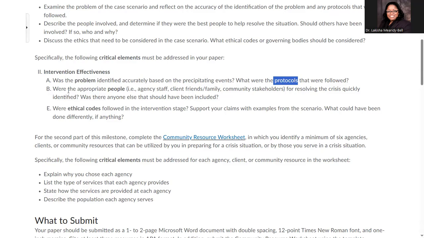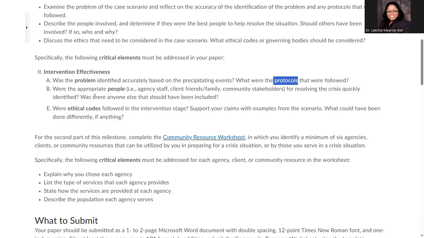Secondly, letter B, were the appropriate people, agency staff, client, friends, family, community stakeholders, for resolving the crisis quickly identified? So chapter 3, I think in your course text, I think I talked about it before.